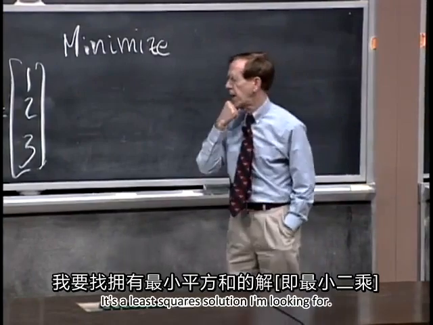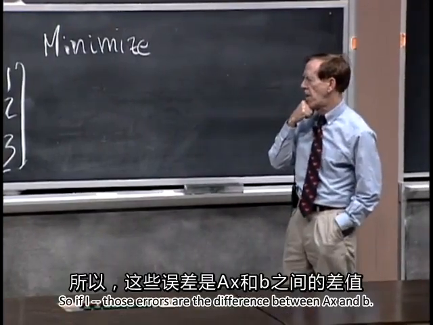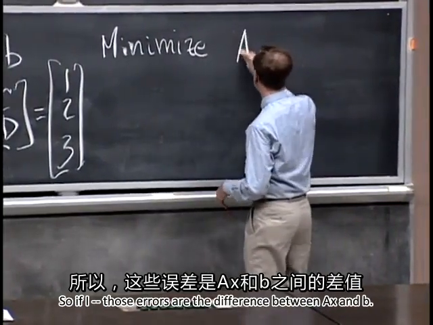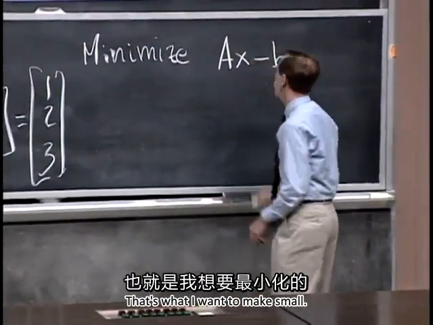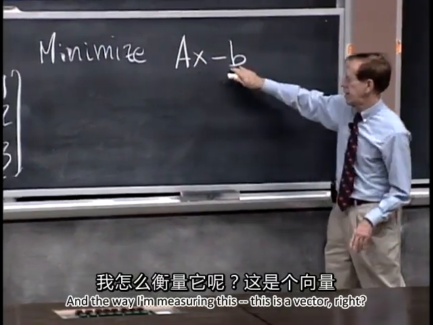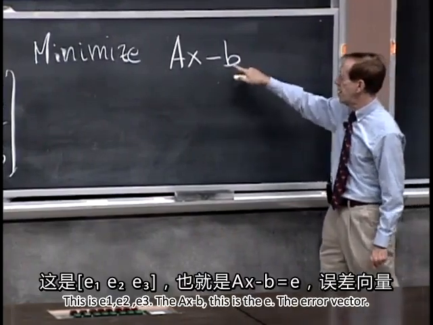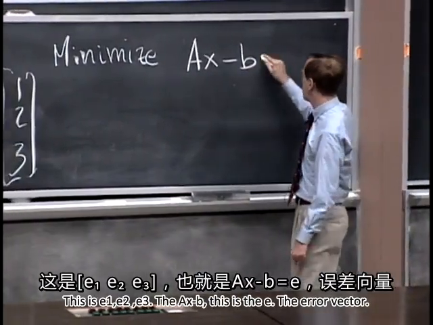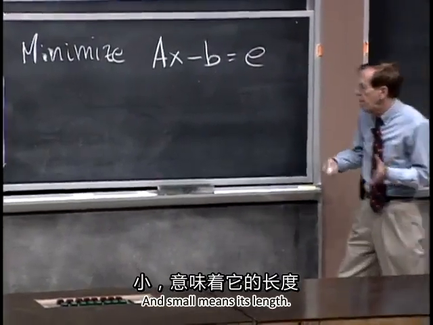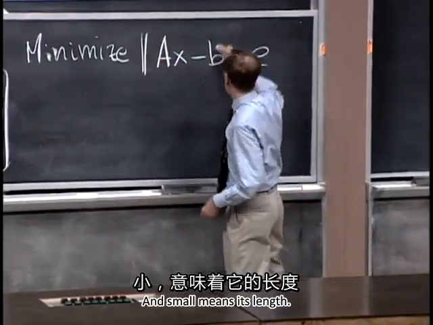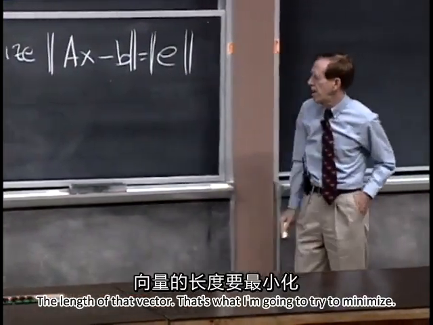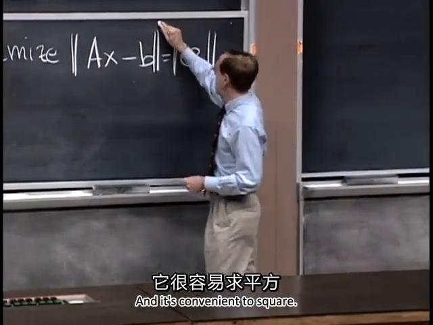It's a least squares solution I'm looking for. So those errors are the difference between AX and B. That's what I want to make small. And the way I'm measuring this is a vector, right? This is E1, E2, E3. The AX minus B is the error vector. And small means the length of that vector. That's what I'm going to try to minimize. And it's convenient to square.